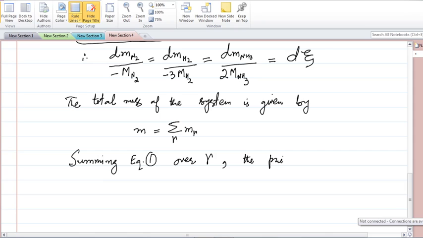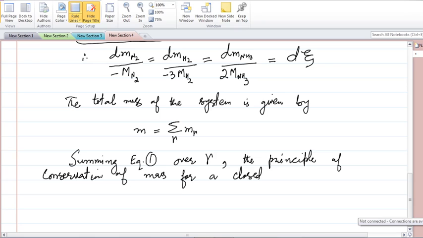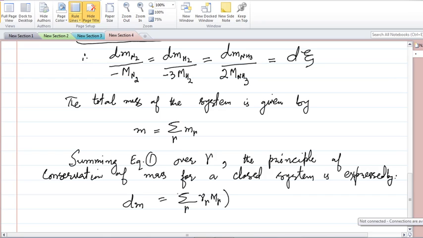The principle of conservation of mass for a closed system is expressed as, we can simply write it as change in total mass will be equal to summation, that means we have to sum equation over gamma, so we will write it as mu gamma molecular mass of gamma component multiplied by d zeta, which will be simply equal to 0.